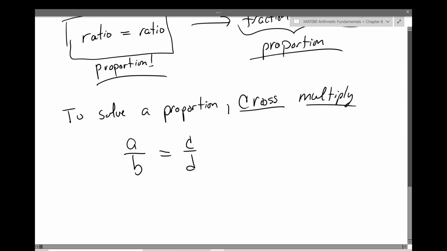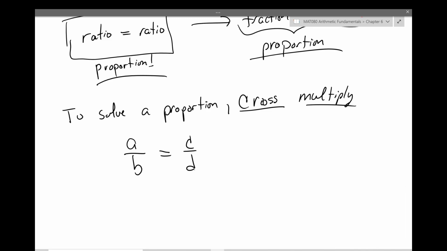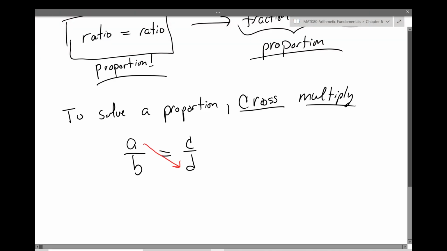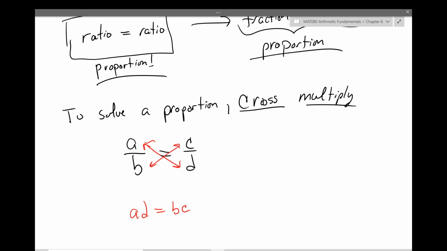Another way to say that is a ratio equal to a ratio. To solve this, we're going to cross multiply, which means you're going to multiply A times D and set that equal to B times C, okay? And that's it. Then from here, you would just do your normal techniques for solving linear equations, okay? That's it. A times D equals B times C, cross multiplication.